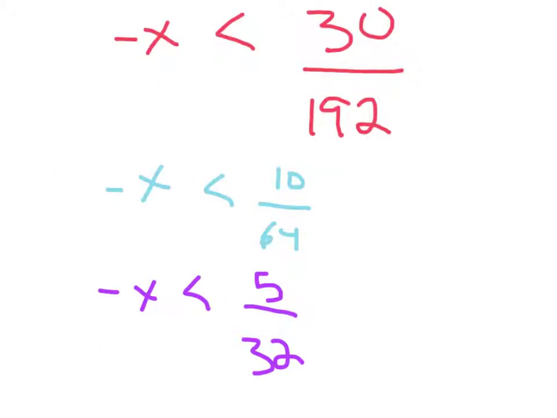So for the next step, you take 10/24 and multiply it by 3/8, which equals -x is less than 30/192. Then you can reduce that to -x is less than 10/64. Then you can reduce that again to -x is less than 5/32.